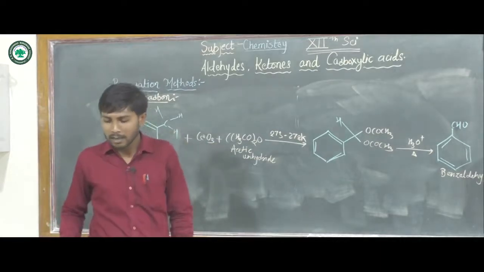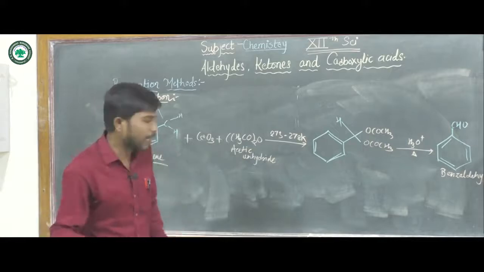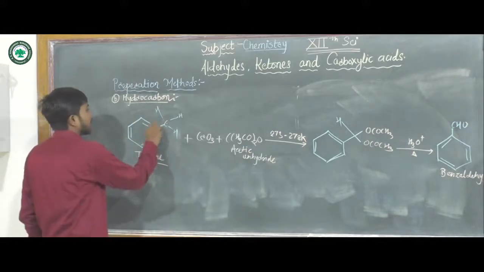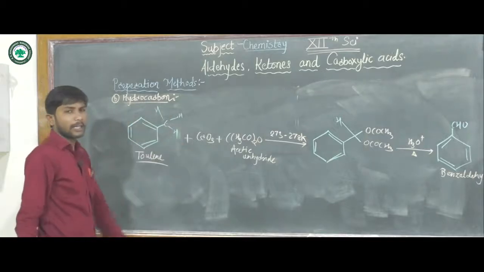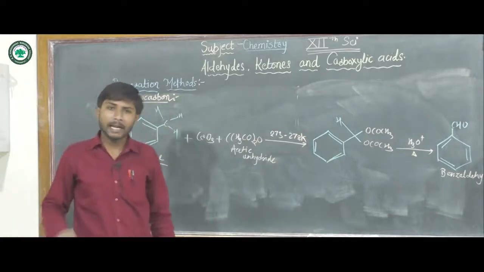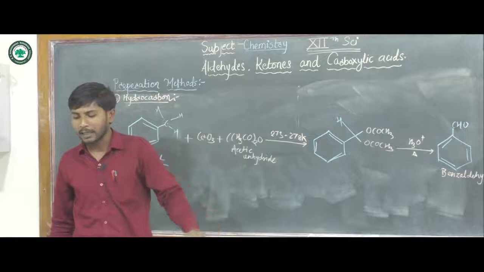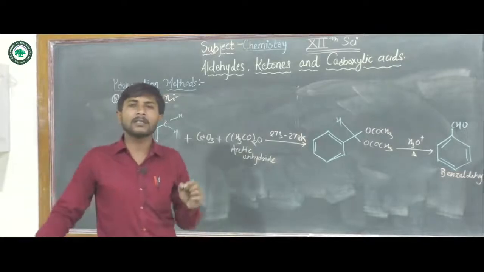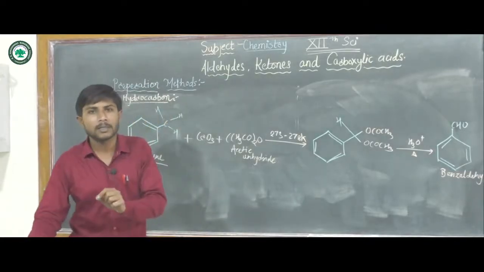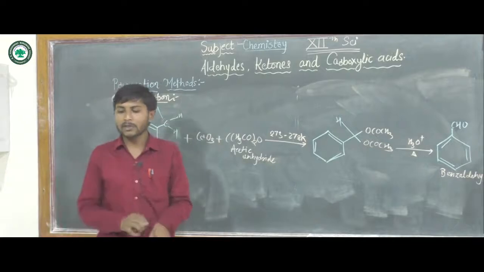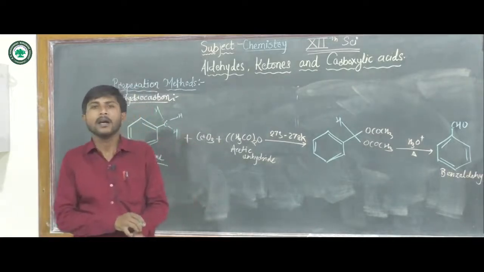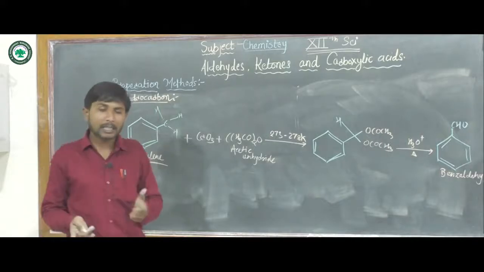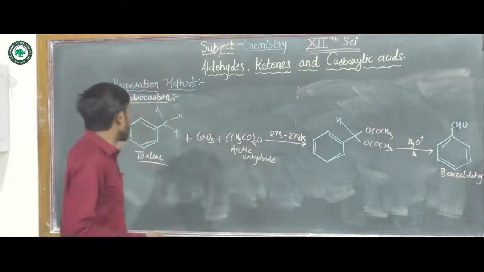The methyl group present on this aryl is used as the side chain, which on chlorination gives the intermediate benzyl dichloride, which is then followed by acid hydrolysis and gets converted to benzaldehyde.